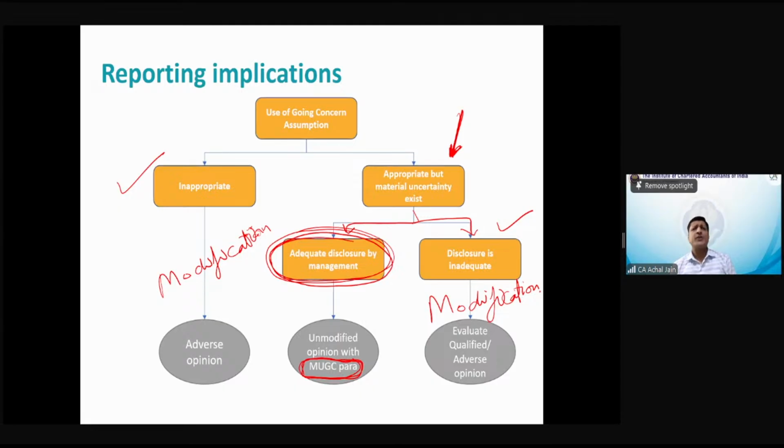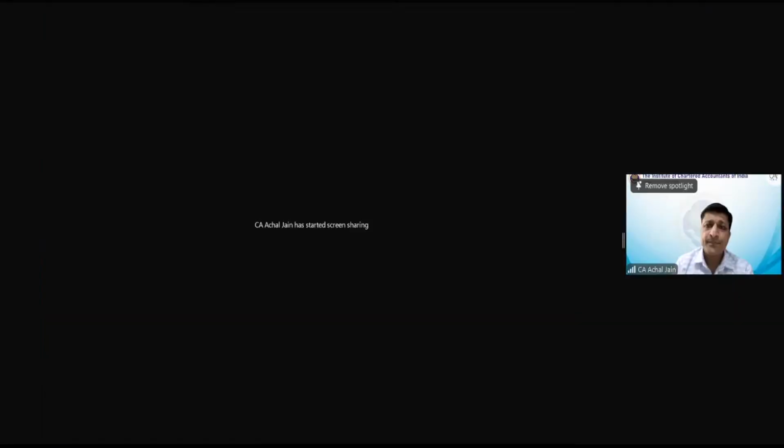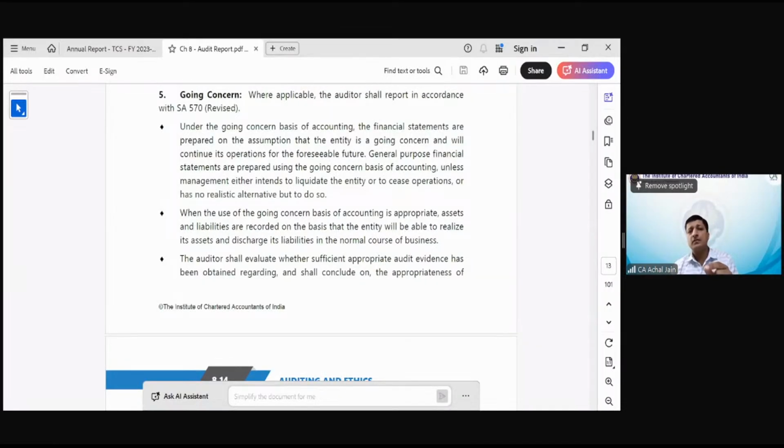So it's not that for every company you will have this situation. For every company, by default, this situation will not arise. And that's why every audit report that you look at will not have this section of going concern. This will only be there when it is applicable to the company.